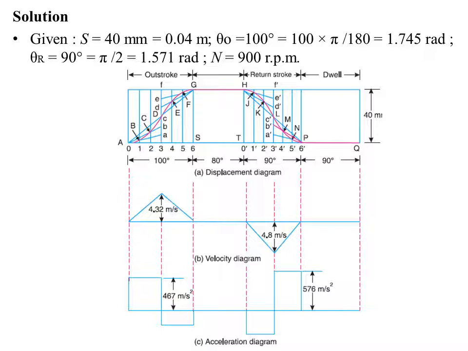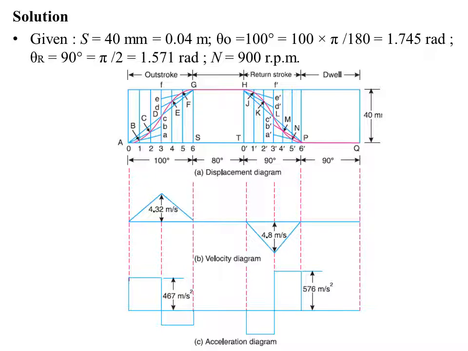As mentioned in the problem, that has to be written here. Suppose in the problem they have just mentioned outstroke, dwell, and return stroke, then only that has to be represented. But in this particular problem they have mentioned outstroke, dwell, return, and also dwell, and they have given the values. So represent those on the horizontal line AQ.